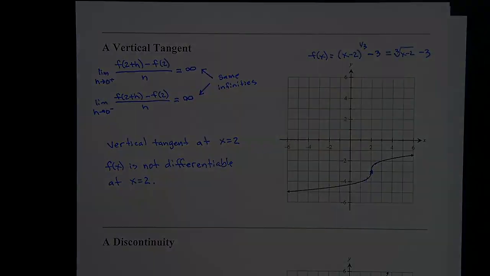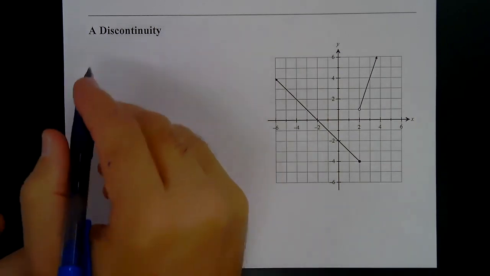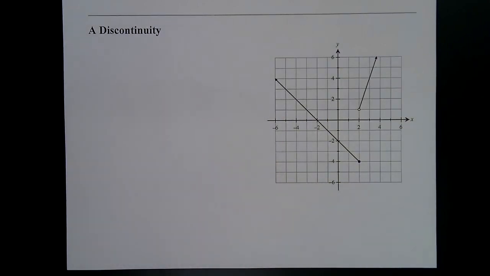All right, let's go to the next one. The next reason why we can't be differentiable is any type of discontinuity. This relates back to what we learned the last unit. If you have a discontinuity, it's not going to be differentiable.